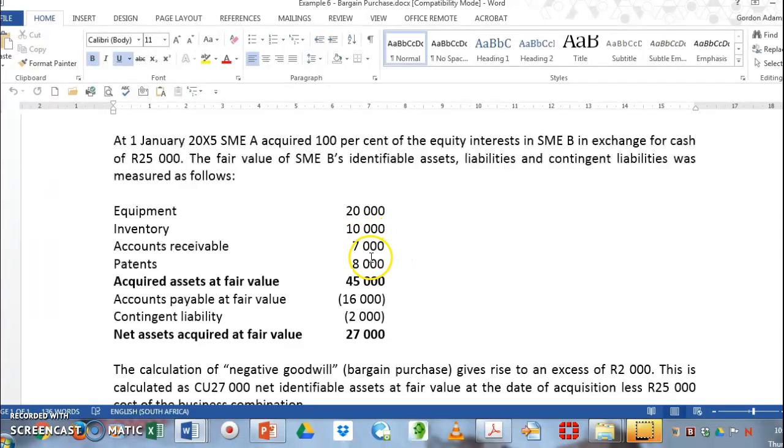Equipment, inventory, accounts receivable, patents, total of assets, liabilities, and we have a net asset value of 27,000 Rand acquired by the business. So the question becomes, how much have we paid for this? We have only paid 25,000 Rand. So we've paid 25,000 Rand for the investment, but we're receiving 27,000 Rand worth of assets.